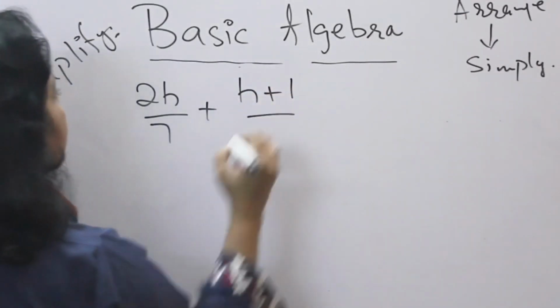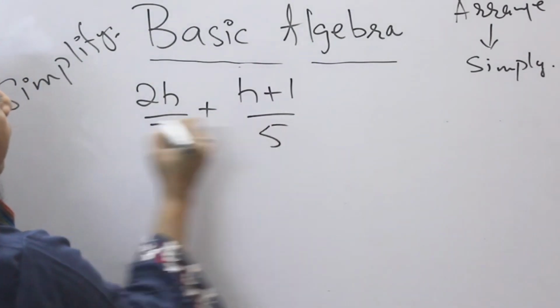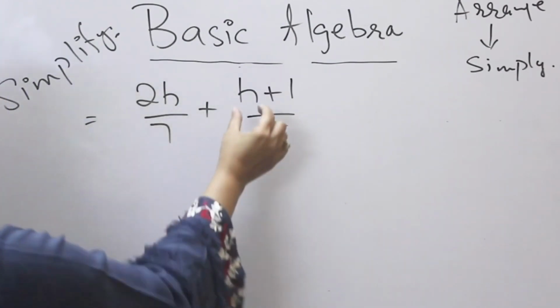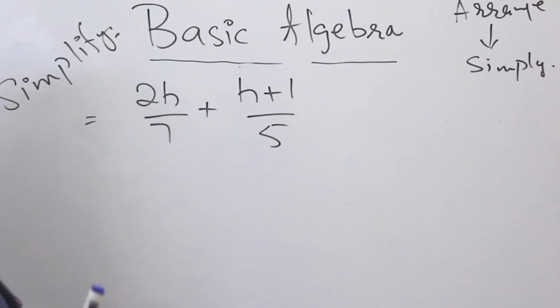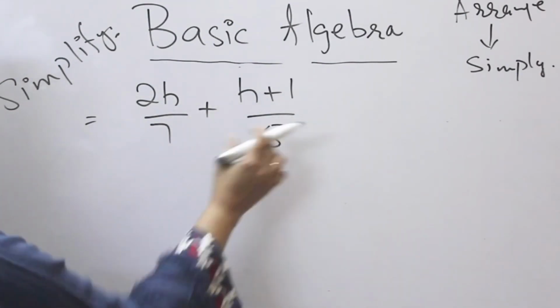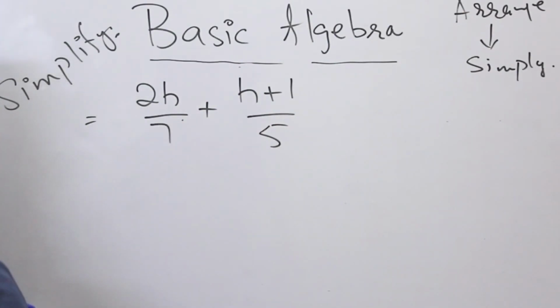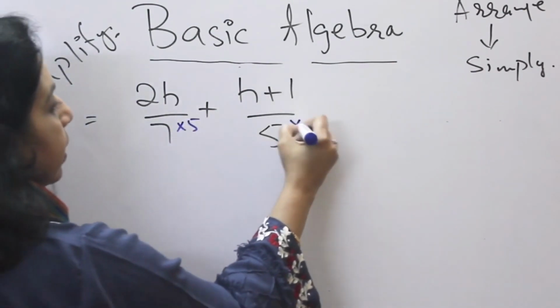The next question is 2h over 7 plus h plus 1 over 5. One step ahead, you have 2 terms in one expression in the numerator, but the method is same. You have here denominator 7, here 5, so you shall make the denominator same to add the numerators. I shall multiply it with 5. By chance the LCM is same.